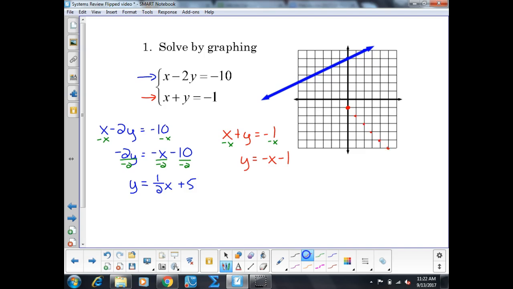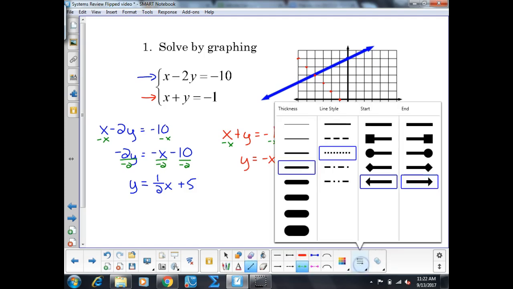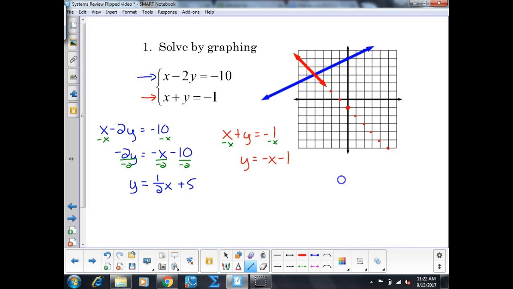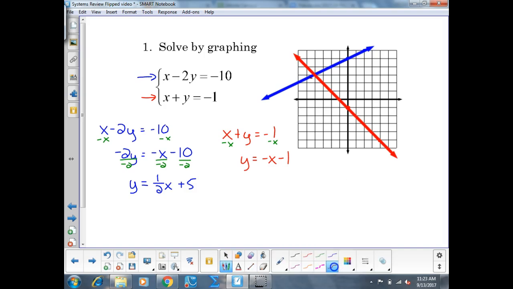Or I could go up 1 and left 1. Okay. So those 2 intersect right here at the point negative 4, 3.